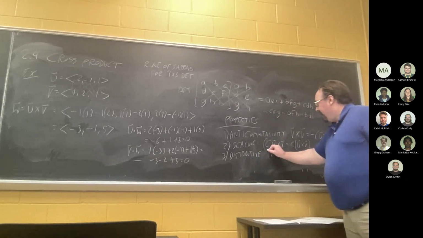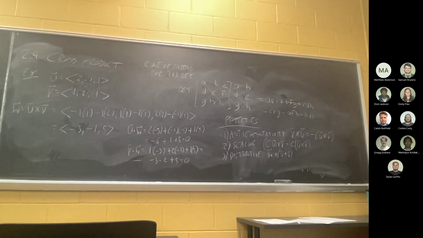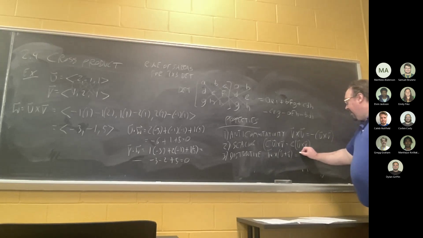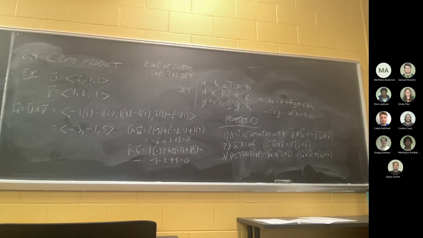If I have two vectors U and V, I add them and then take the cross product with W. That's the same as taking a cross product of W with U and V individually and then adding them. So at least that one works out nicely too.